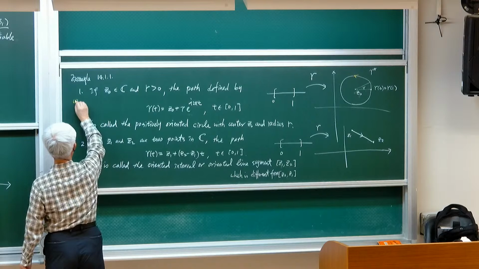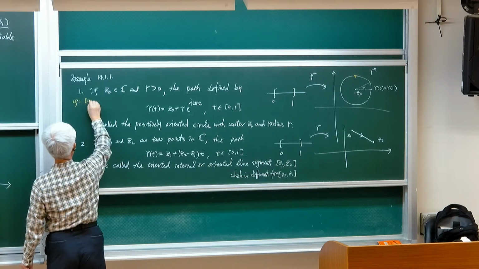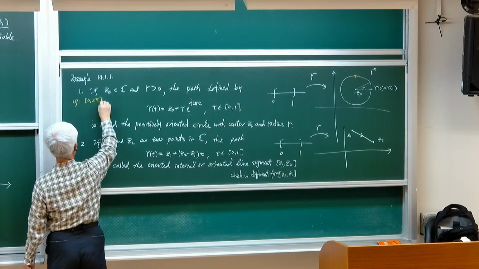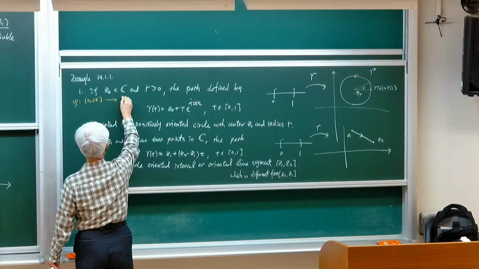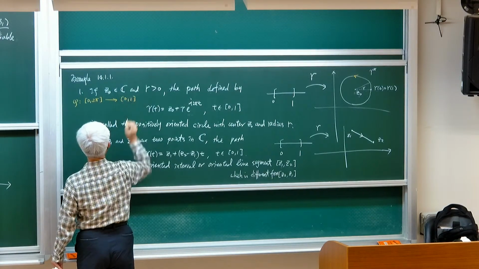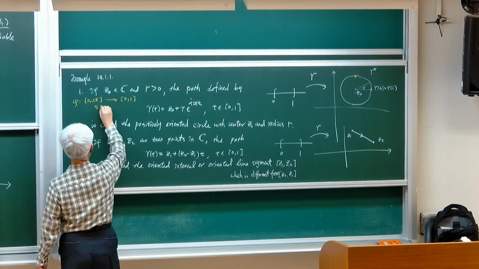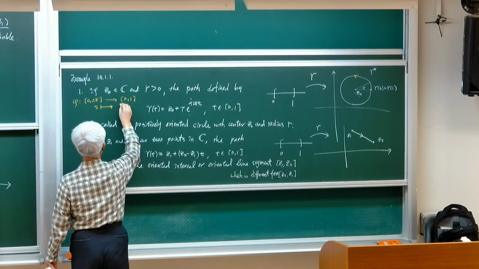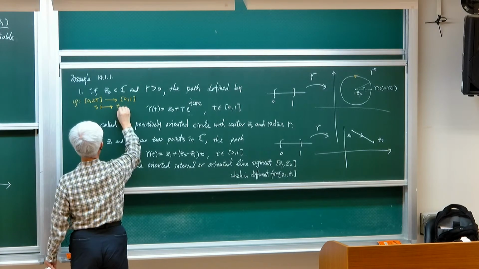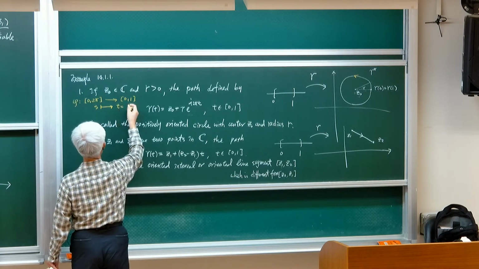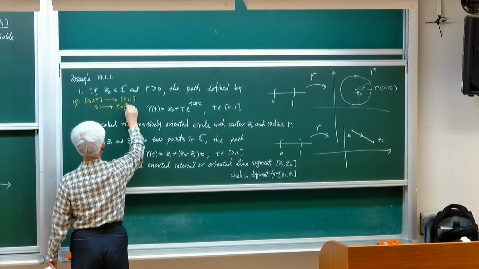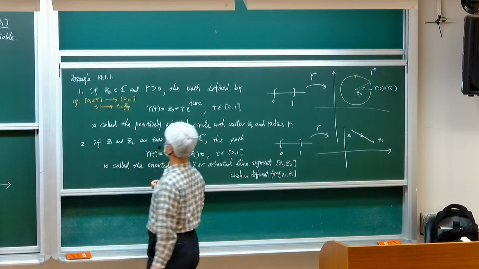For example, phi is from 0 to 2 pi going to [0, 1], so that t is equal to x divided by 2 pi.